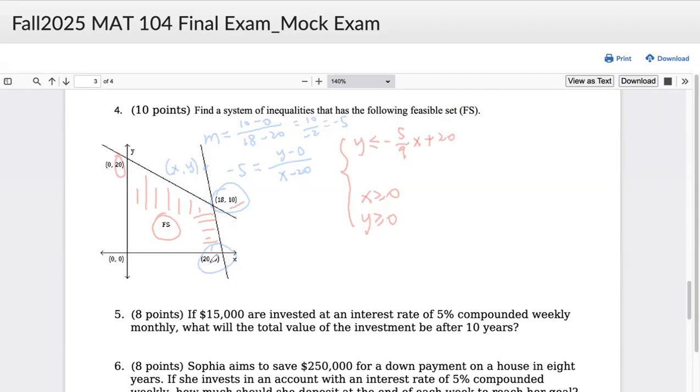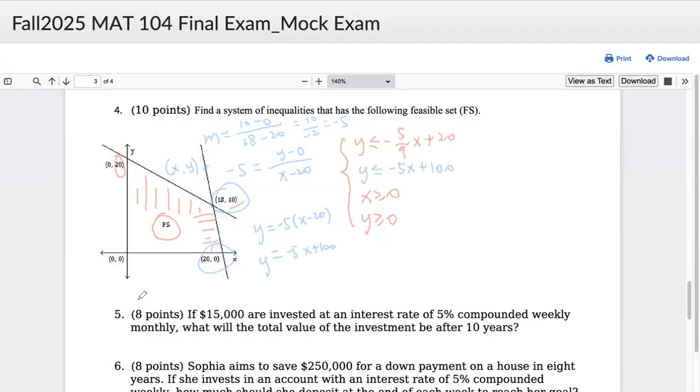I'm using this point. So then y equals -5 times x minus 20, which is y equals -5x plus 100. Because it's on the left-hand side, we have y less than or equal to -5x plus 100.